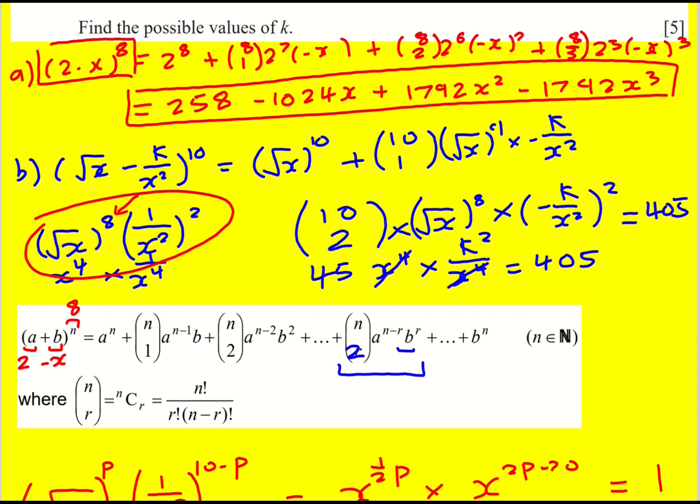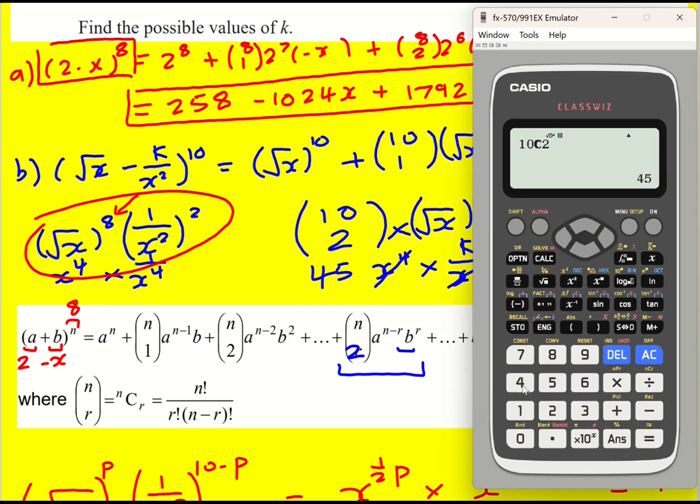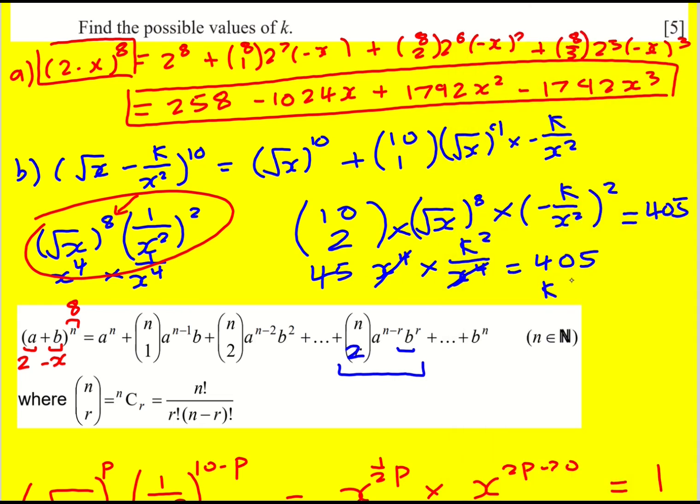Got my term that's independent. The coefficient of this independent term, or just a constant term by itself, is going to be 45k squared. We're told that it's 405, so I'll do 405 divided by 45, which gives me 9. k squared is going to equal 9, and therefore the possible values of k, take plus or minus the square root, it's going to be plus or minus 3.